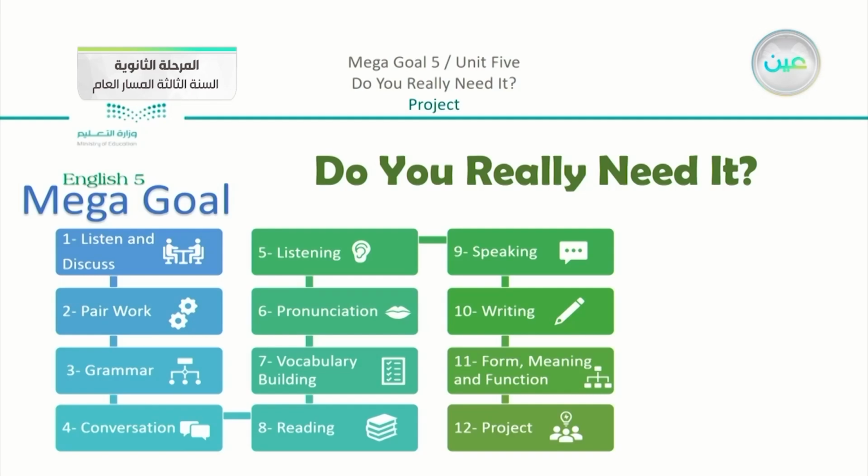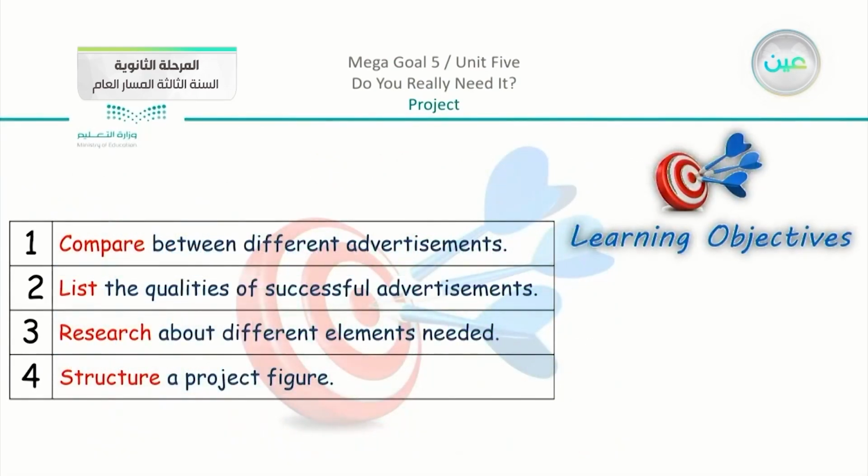So we do have our new project for the day. Our lesson is going to be the last lesson in the unit. We have reached the last part here, which is the project. Now, in our lesson, we have our objectives. The first objective is to compare between different advertisements. The second, to list the qualities of successful advertisements. Number 3, to research about different elements needed.